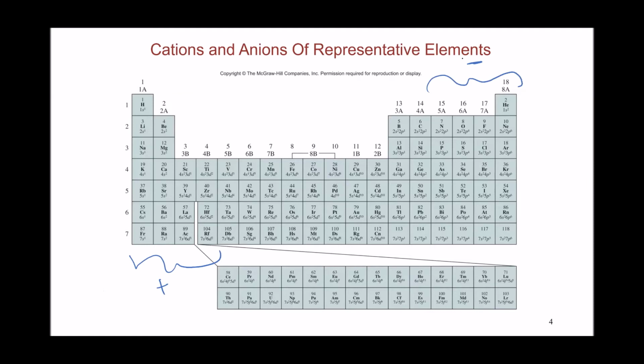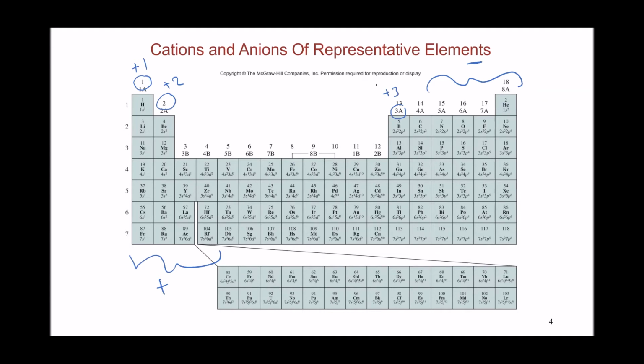The number of electrons it will lose or gain is going to correspond to the number of valence electrons. For metals, it will lose the number of valence electrons available. 1 for group 1, which will make it +1, or 2, which will make it +2 for group 2, or 3, which will make it +3 for group 3.